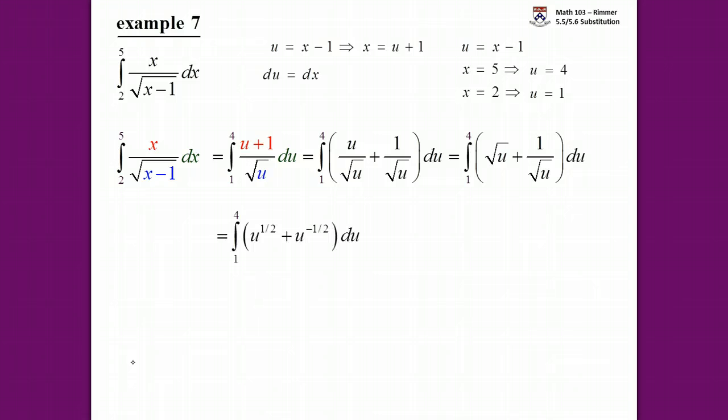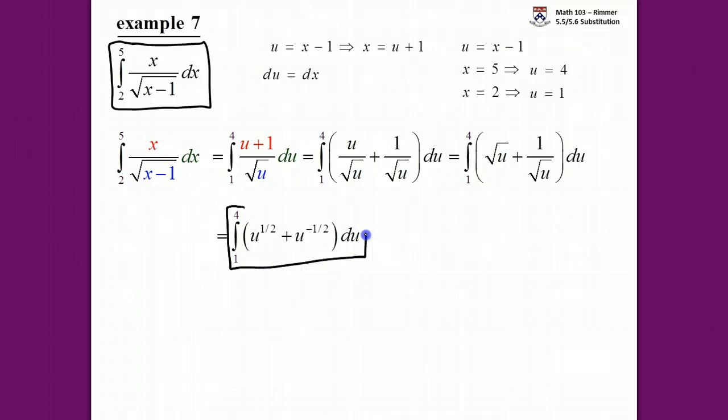So I have u to the half and u to the negative half from 1 to 4. And I don't have to go look back and see what were the original x's. I can now just look forward. The answer to the original question, the area under that curve from 2 to 5, is the same as the area under this curve from 1 to 4. We traded it in for a much simpler integral.